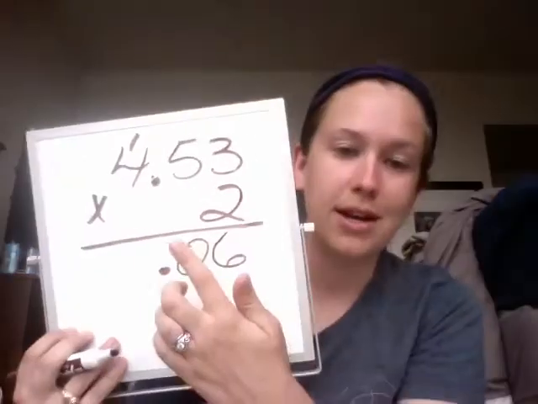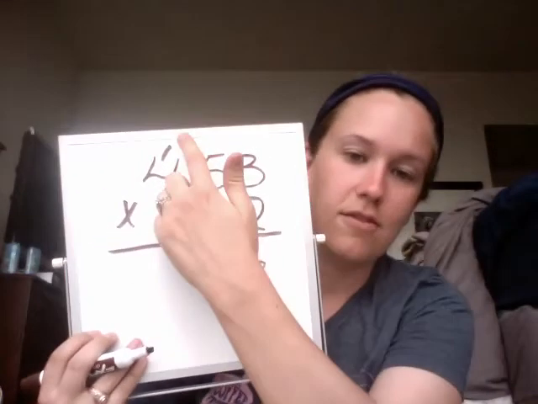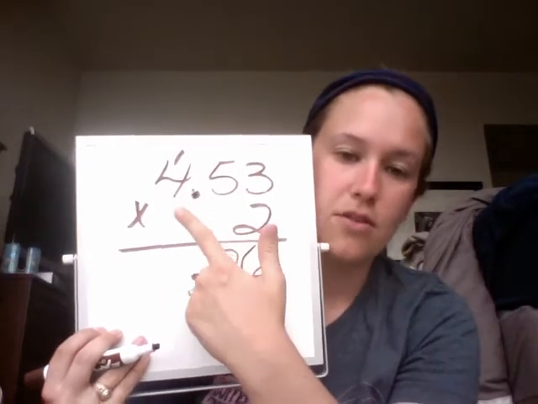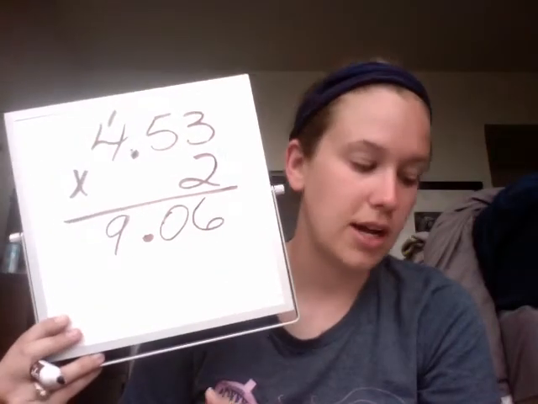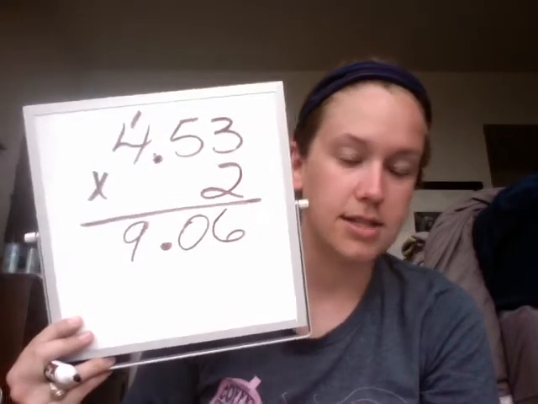I can't have more than 9 of anything, so I trade 10 of my tenths in for 1, 1. 4 times 2 is 8, plus 1 more is 9. So our answer is 9 and 6 hundredths. Pretty simple.